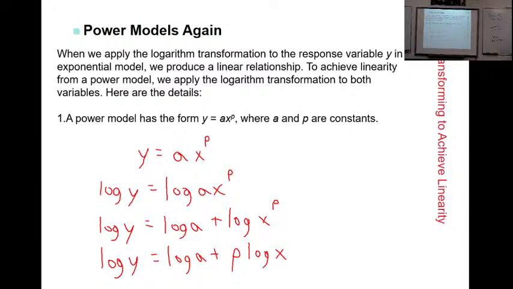The other thing to notice in the power model is that, let's say I didn't know what the exponent was. Like I didn't know whether it was an x squared or x cubed or x to the whatever power model. And I want to figure out what it is. Well, let's take a look at where my exponent ended up when I went through the simplifying. Here's where it was, the p. Where did that end up?